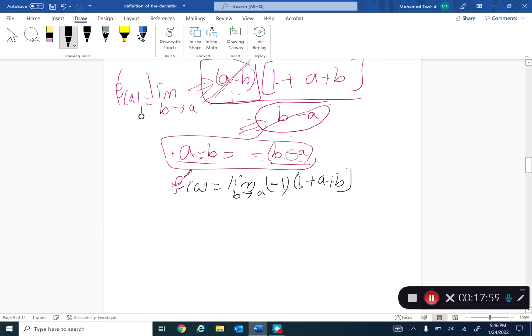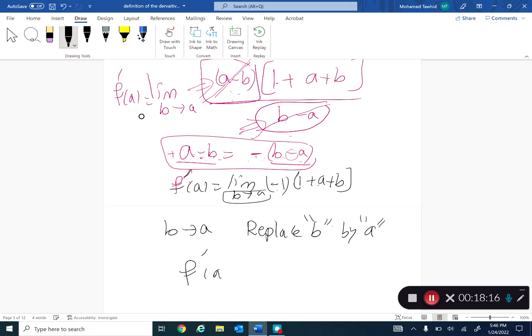Negative 1 times 1 plus a plus b. I'm going to replace b by a. When you say b very close to a, it means you replace b by a. If I replace b by a, what did you get?